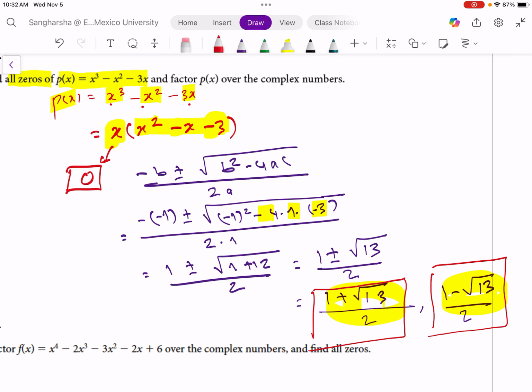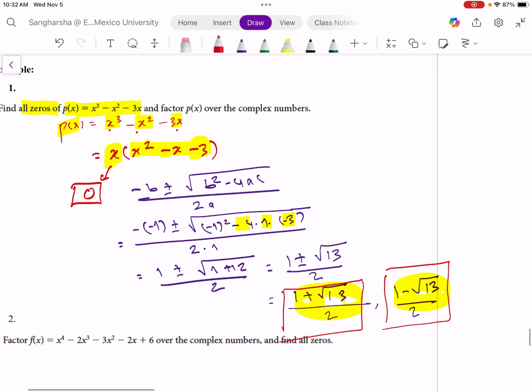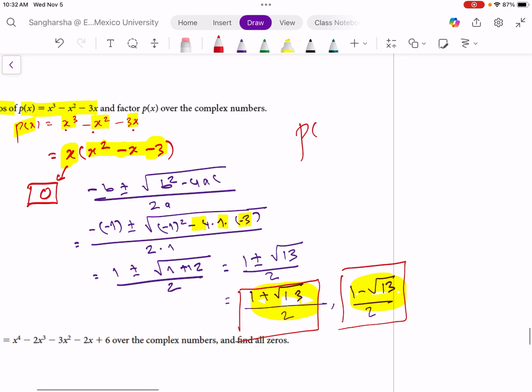Now can we rewrite our p of x in factor form? We already have the three real zeros, right? So how do we write down our p of x in factor form? If we know a real zero, then x minus that real zero is a factor. Let's start with 0. So x minus 0 is x.